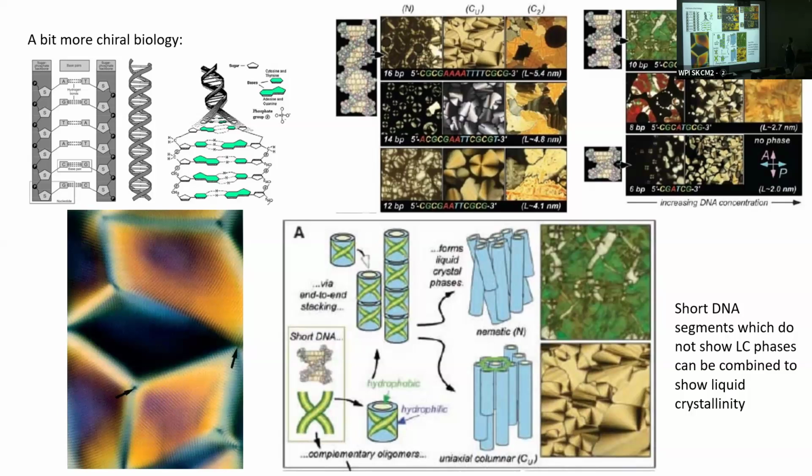And you can make it even very short, and then you can add these up and stack them end to end, and do this in a controlled way, and generate liquid crystalline phases of DNA. Right, so the really short DNA segments, at certain concentrations at least, do not show liquid crystal phases, but when combined, they become longer, and then they stack up and form liquid crystal phases.